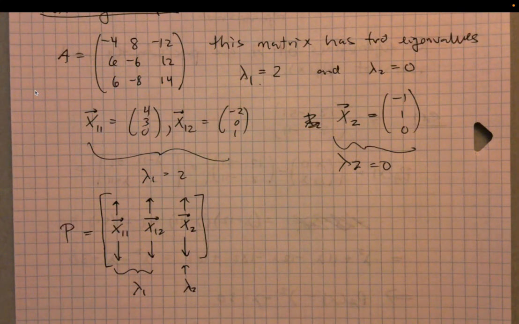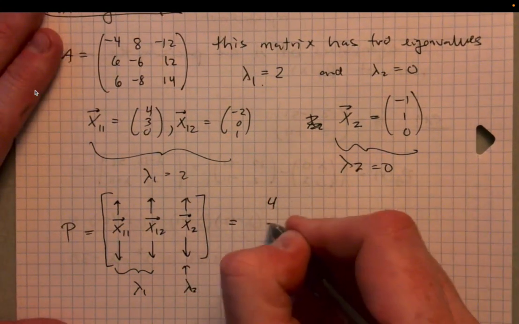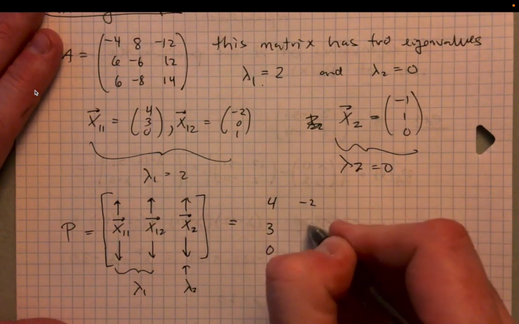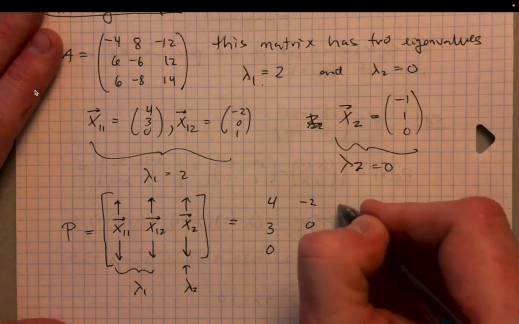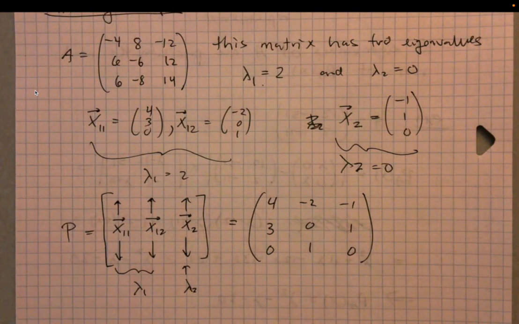The order here is going to matter in what's to come, so keep straight that lambda 1's come first, and then lambda 2's. Let's put those in: 4, 3, 0, negative 2, 0, 1, negative 1, 1, and 0. This is what we're going to call our P matrix.